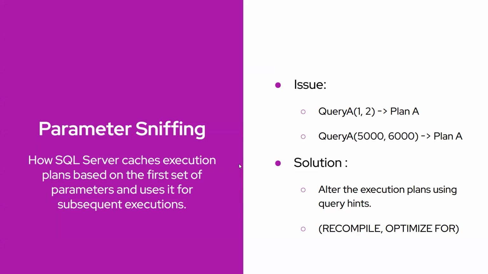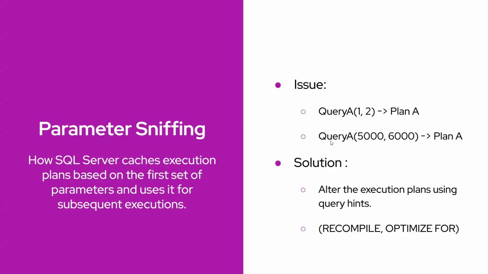Here we are going to discuss parameter sniffing, which is a feature of SQL Server. This is how SQL Server caches the execution plans based on the first set of parameters and uses it for the subsequent executions. It means when we have a query, named query A, and we run it with parameters 1 and 2, SQL Server caches execution plan A for that query.